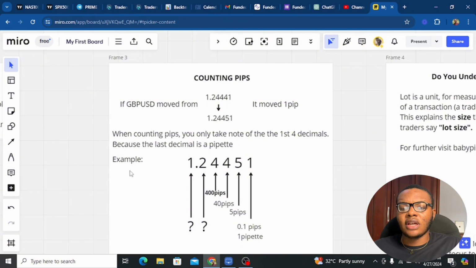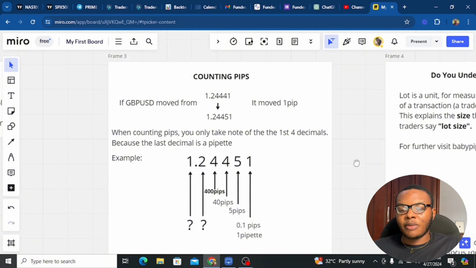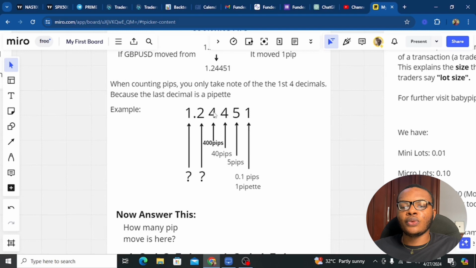All right, so let's use this example that I provided here. You have 1.24451. Since you're taking note of the first 4 decimals, this last digit here is 0.1 pips, also known as 1 pipet. Does that make sense? So it is 1 pipet, but the 5 here is 5 pips.